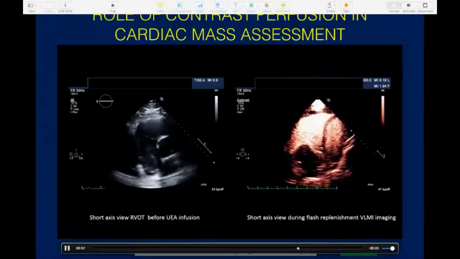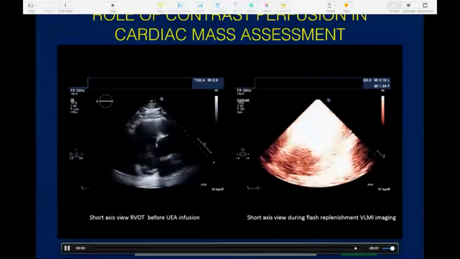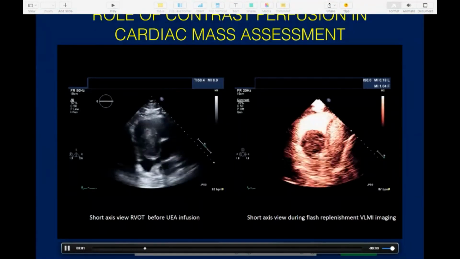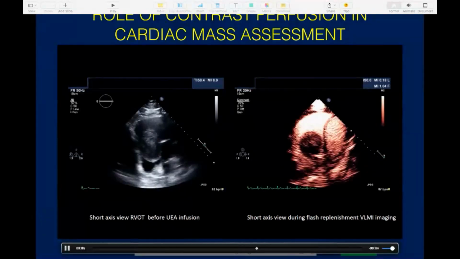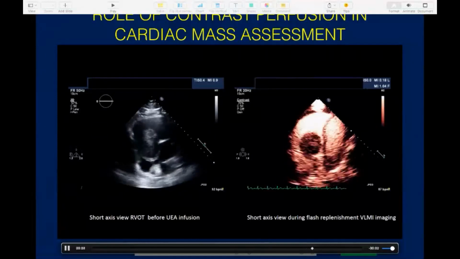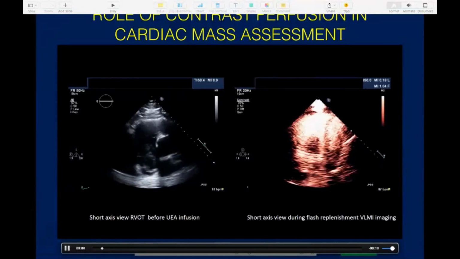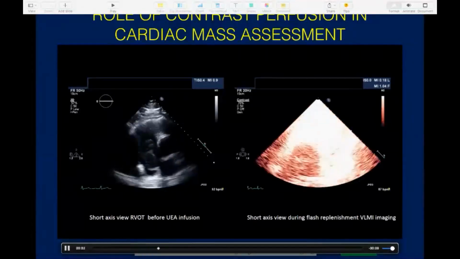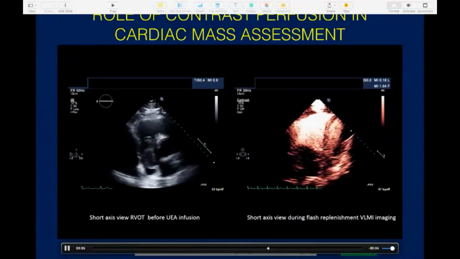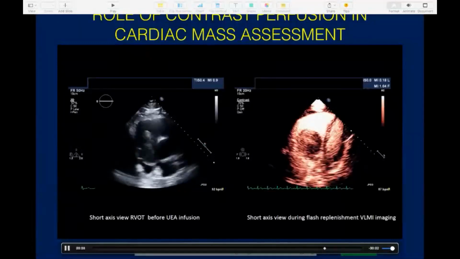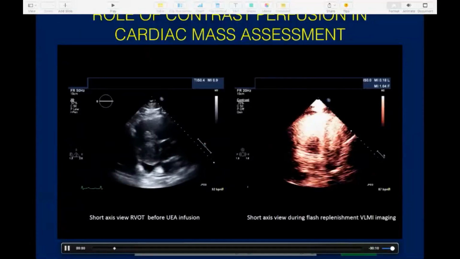You do very low mechanical index imaging, deliver the flash, and once the flash happens, you can see that the mass slowly fills up again, which suggests that there is some degree of vascularity in this mass, which means you have likely excluded a thrombus, because thrombus is avascular. And so this is a circumscribed mass with some vascularity, which makes it likely that this is a myxoma.